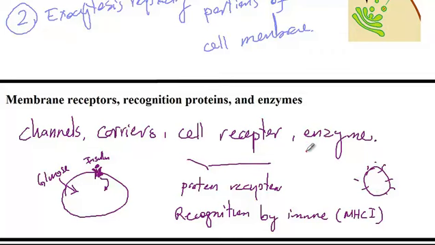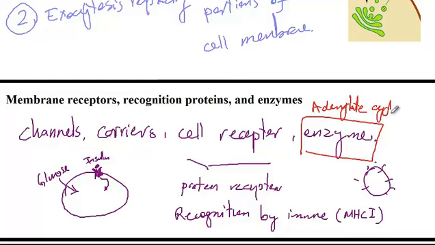And then finally, proteins can also act as enzymes, an example of which includes adenylate cyclase, which is involved in ATP metabolism. So once again, in addition to working as channels or carriers, proteins can act as receptors, like for instance receptors for hormones. They can act as recognition sites by our immune cells, and they could also act as enzymes.